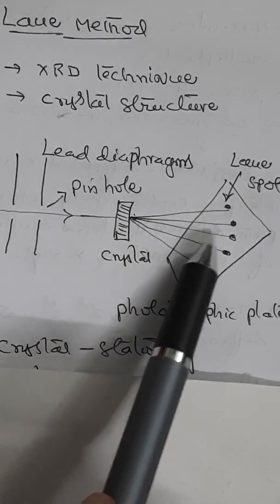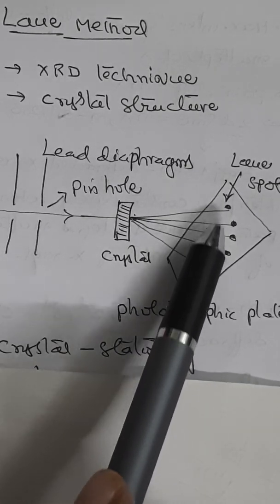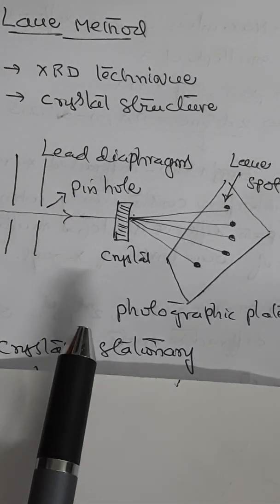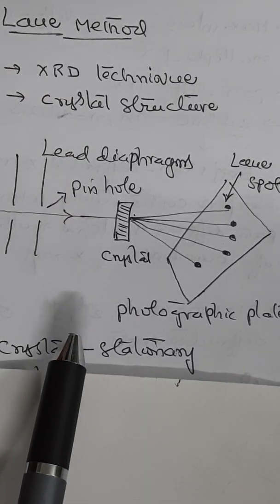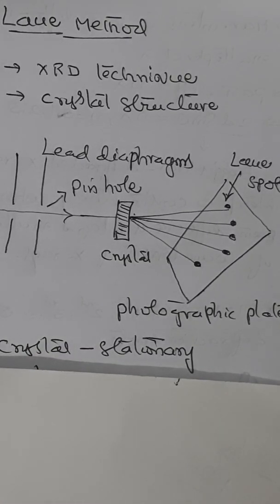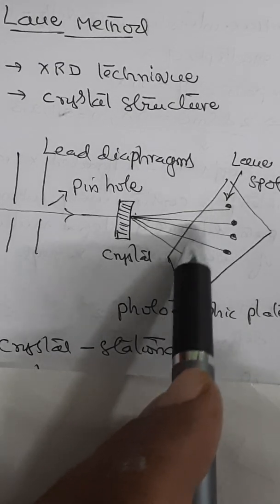And on the photographic plate, you see a number of spots which are called Laue spots because they were named after the scientist. That means the crystal whose structure has to be studied is held stationary in a continuous X-ray beam, and after passing through the pinholes of lead diaphragms, we obtain a fine beam of X-rays like this.